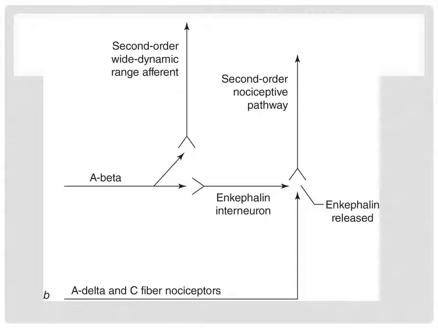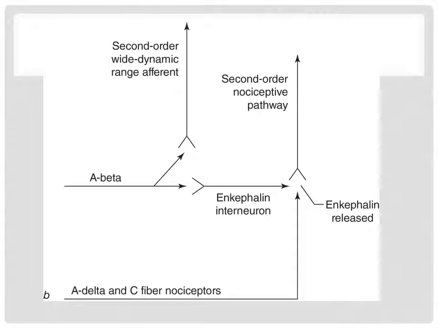Okay, so we discovered an enkephalin interneuron in the dorsal horn of the spinal cord, basically in the region where the substantia gelatinosa is. And enkephalins are basically one of those natural chemicals in the body that help to reduce pain.